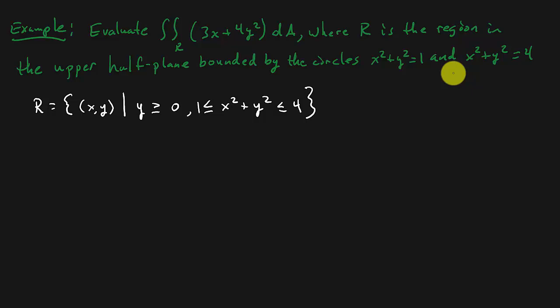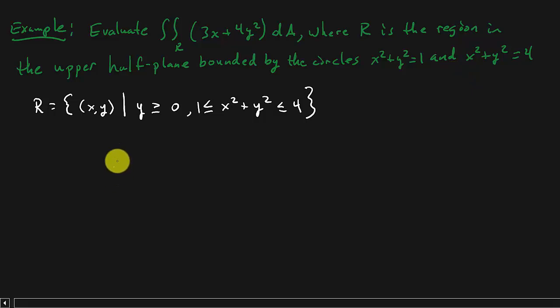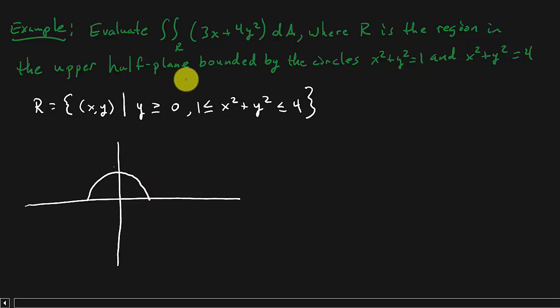So what we need to do is convert everything to polar form. So let's just sketch the graph. Let's draw this. That's going to look something like this, because remember it's the upper half plane, and so it's just the upper part.